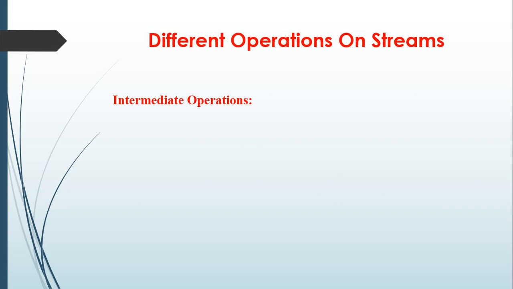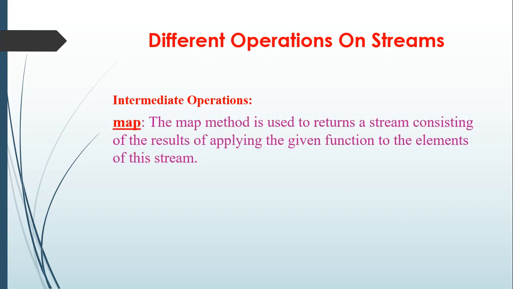First of all, we are discussing the intermediate operations. The first one is map. The map method is used to return a stream consisting of the results of applying a function to the elements of this stream. And here is its syntax. List<Integer> number = Arrays.asList(2, 3, 4, 5). In this way, the numbers 2, 3, 4, 5 are converted into a list.